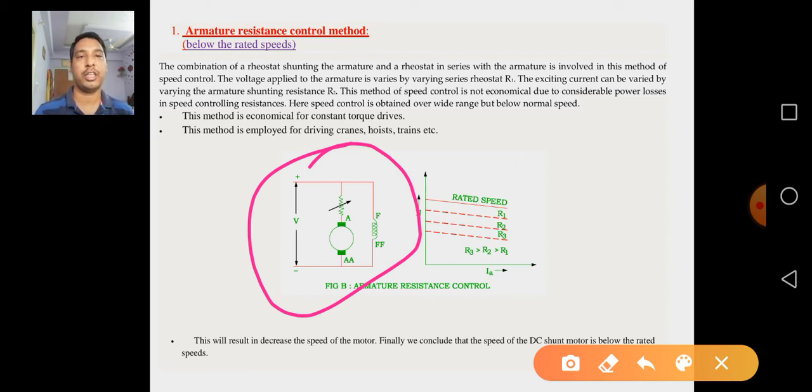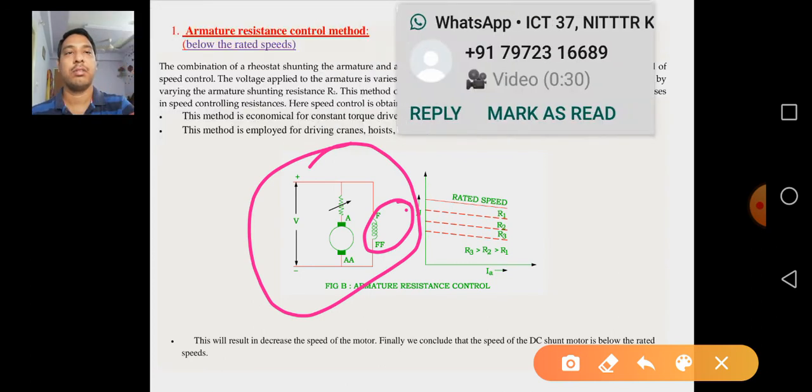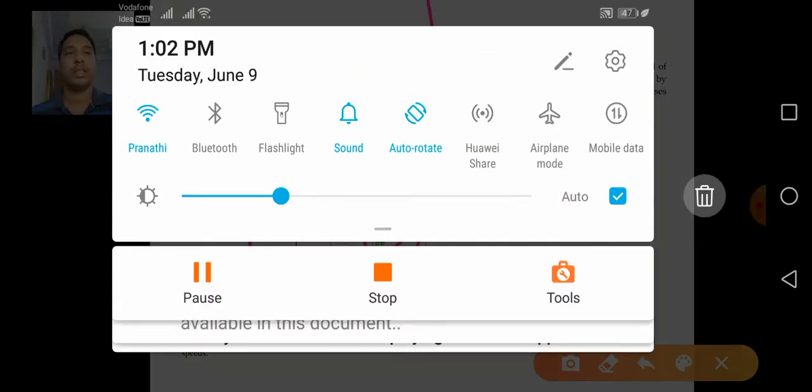This is the DC shunt motor, for example. Here this is the field winding, with field terminals F and FF, and the armature terminals A.